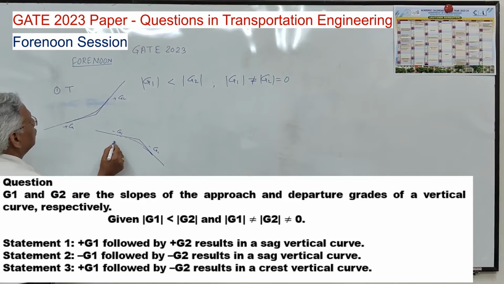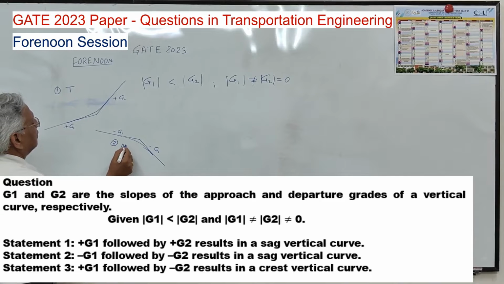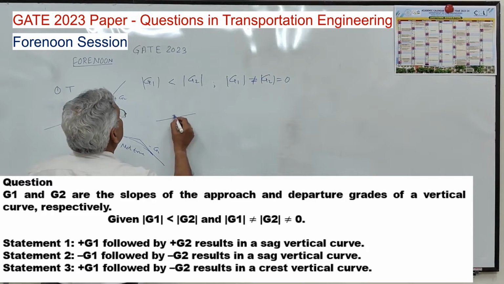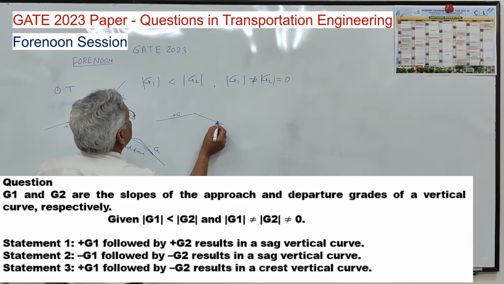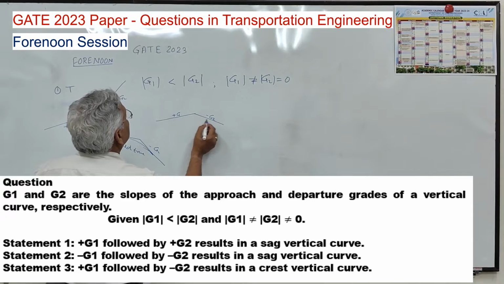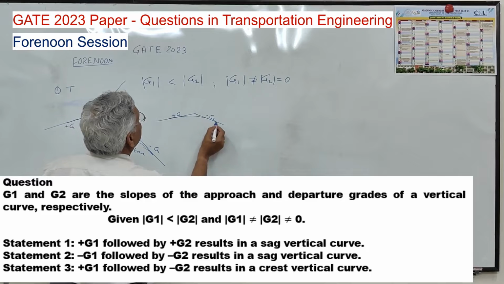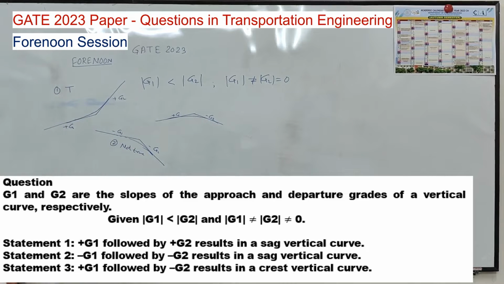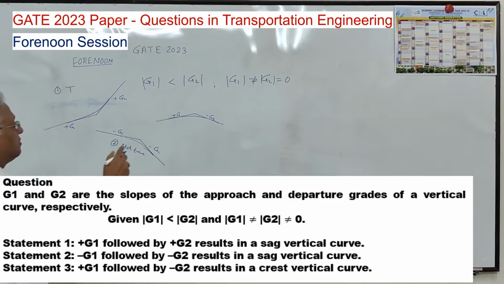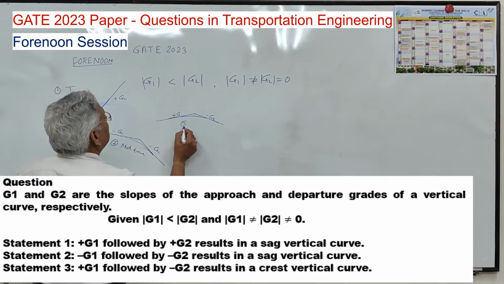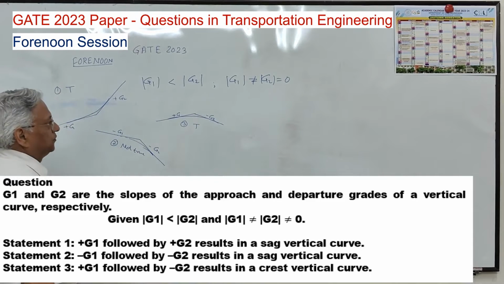So statement 2 is not true. And third statement is plus G1 followed by minus G2. That results in a vertical crest curve. This is a vertical crest curve, summit curve. So this statement is also true. Statement 3 is also true.